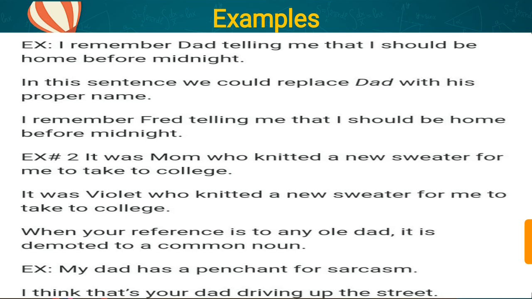Look at the example number 2. It was Mom who knitted a new sweater for me to take to college. Now, if we replace the word Mom with Mom's name, it will look like this. It was Wallace who knitted a new sweater for me to take to college.